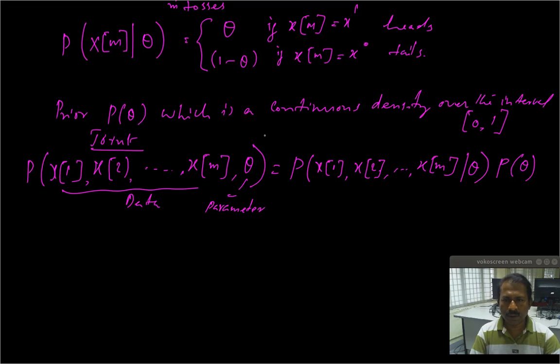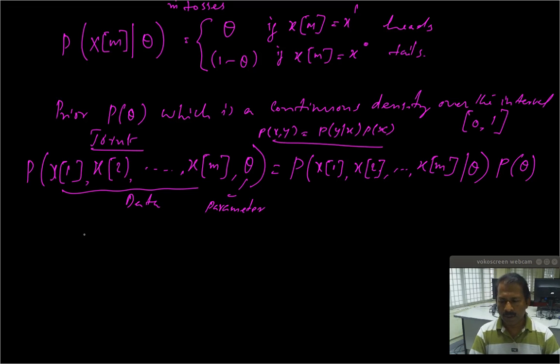This is nothing but p of x comma y is p of x times p of y given x, just the product rule, right?